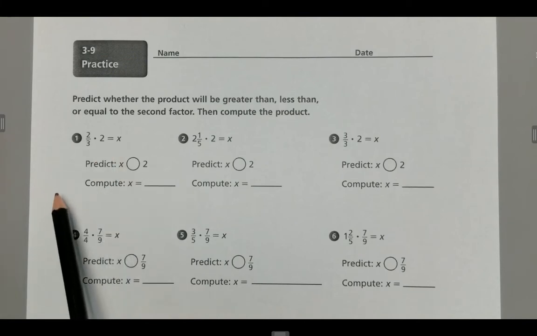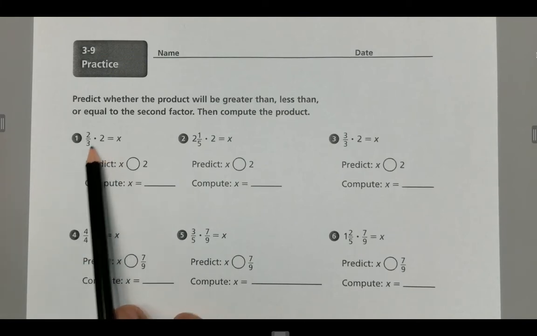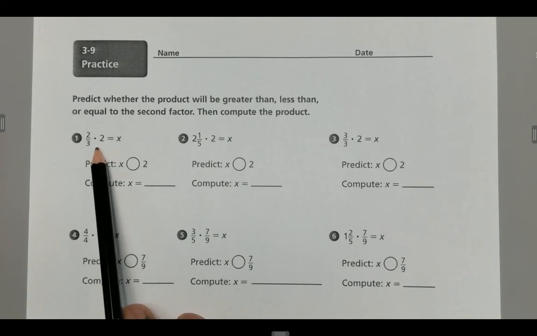Well, what am I doing to 2? I'm multiplying it by 2/3. Is 2/3 one whole? No, it's not. So whatever I get when I take 2/3 and multiply by 2, it's not going to be exactly equal to 2. So equals out.